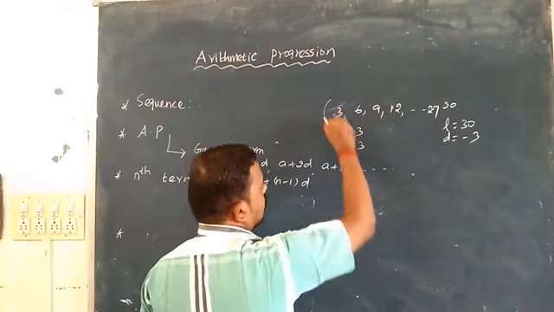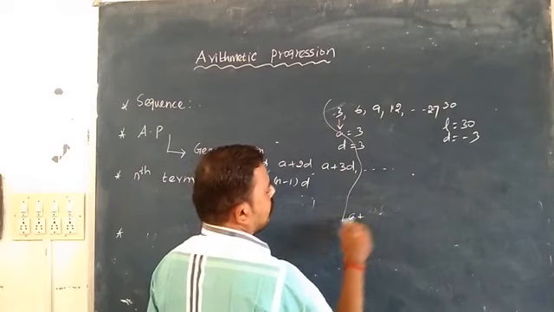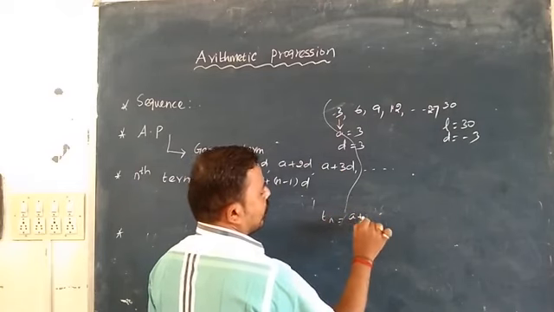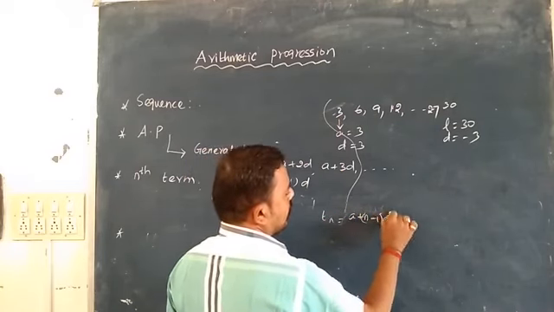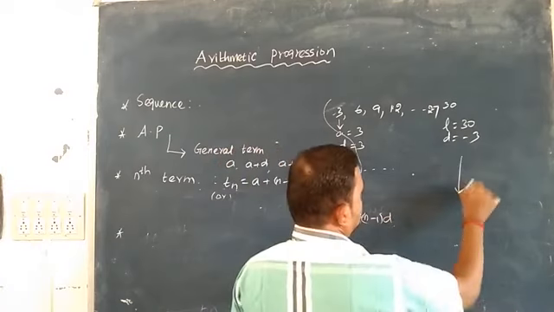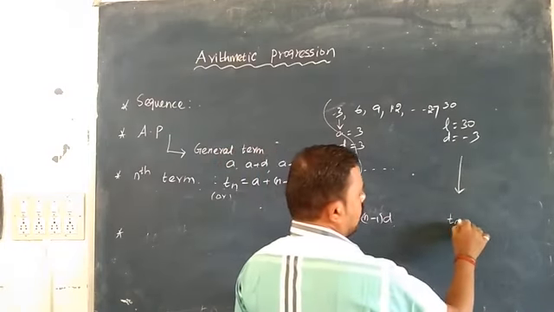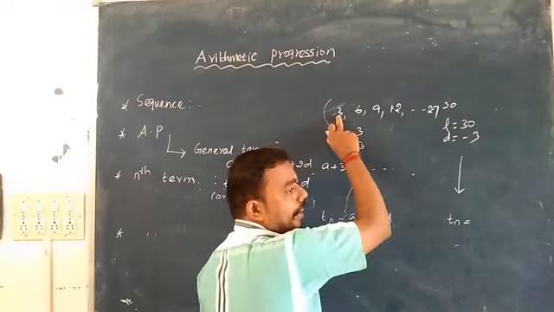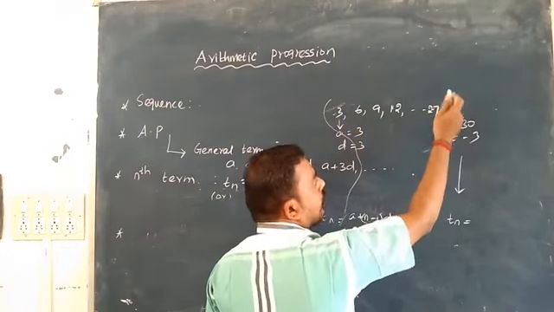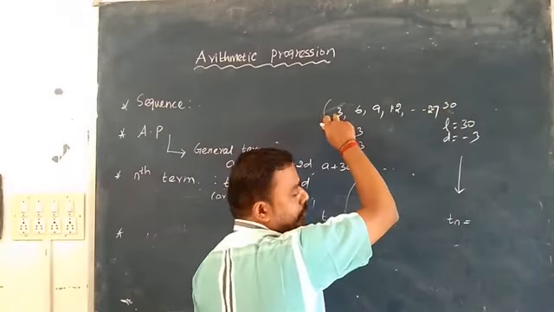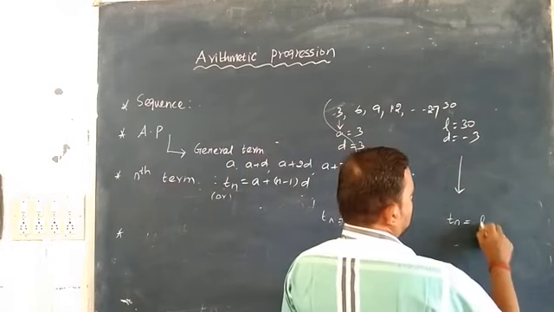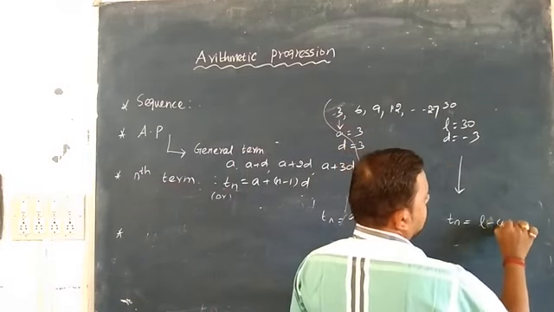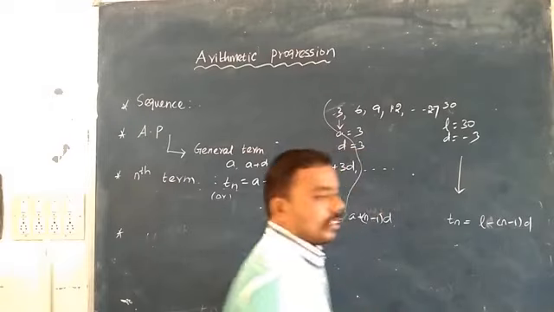For this use Tn equal to a plus n minus 1 into d. Here from this point it's the last number, so l plus minus n minus 1 into d, that's all.